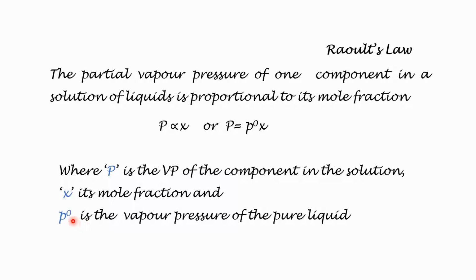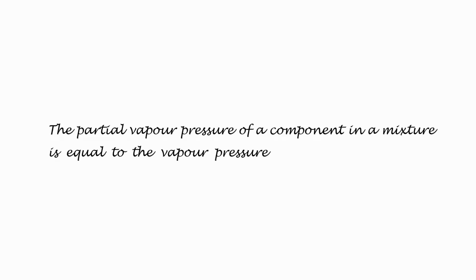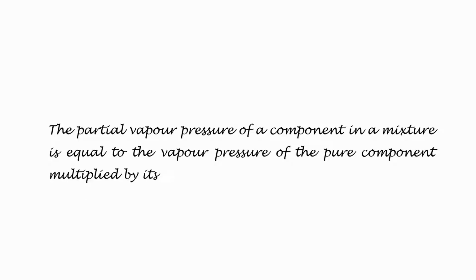In this chapter, the superscript 0 is always used for a pure component. Raoult's law can also be stated as: the partial vapor pressure of a component in a mixture is equal to the vapor pressure of the pure component multiplied by its mole fraction in the mixture.